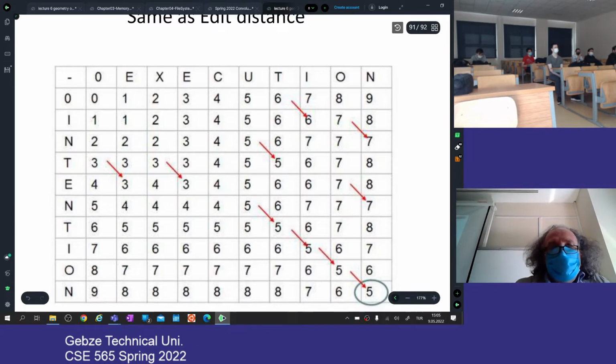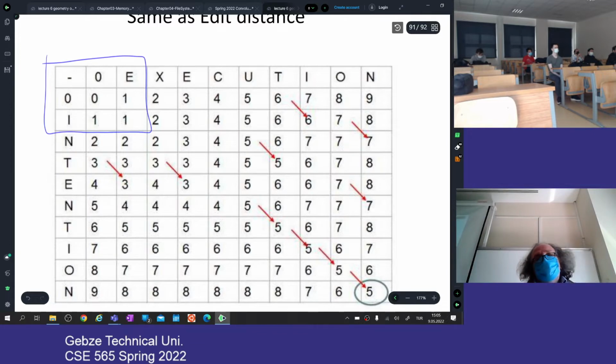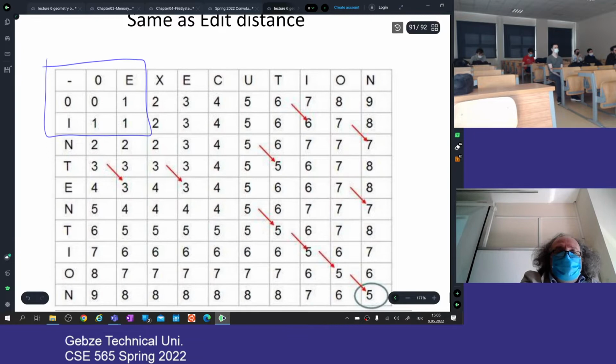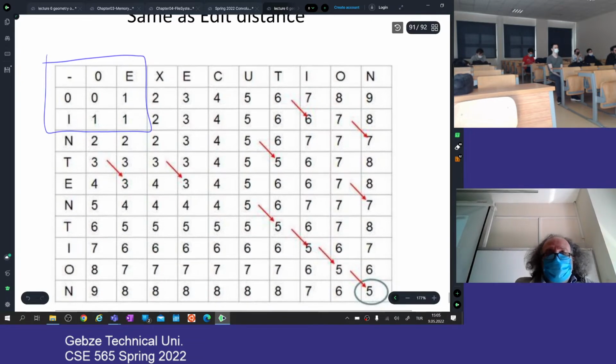So this corner solves the problem of matching the key E with I. So you are saying that if instead of writing E, you like to write I, your cost will be 1.